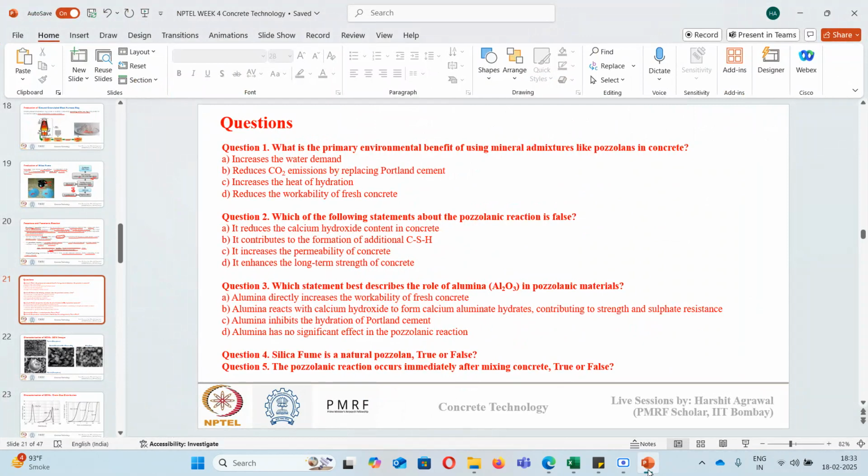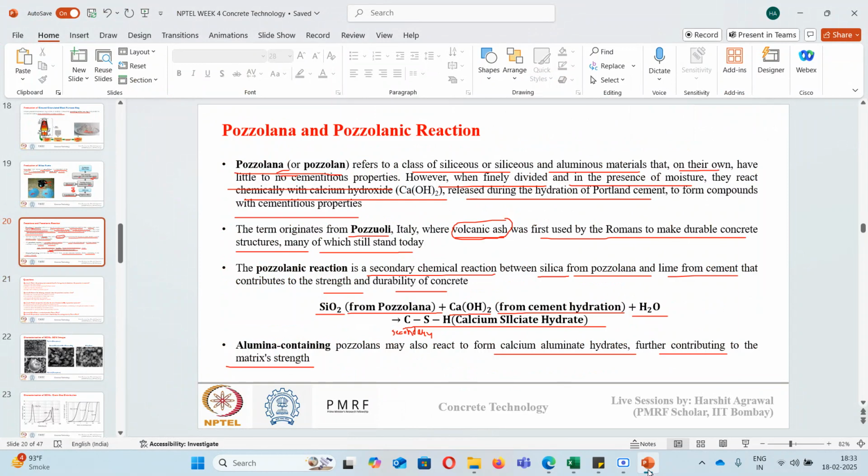Sir, I have one query. After the pozzolanic reaction takes place with calcium hydroxide, it will produce another CSH gel, right, sir? Yes. Is it chemically active or inactive gel? What do you mean by chemically active and inactive? When cement is mixed with water we get this CSH gel, right, sir?